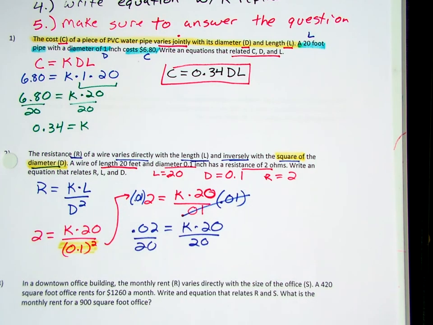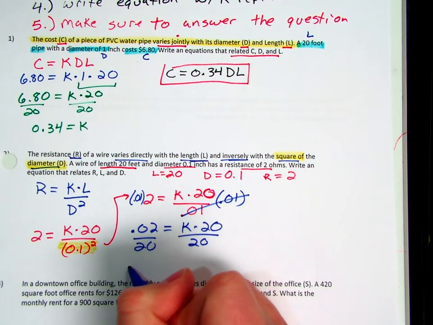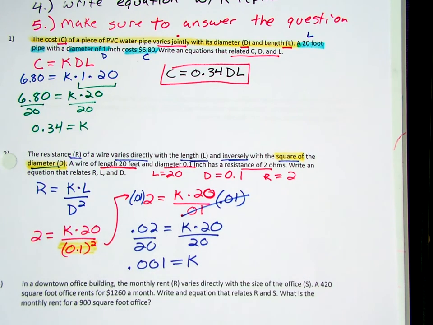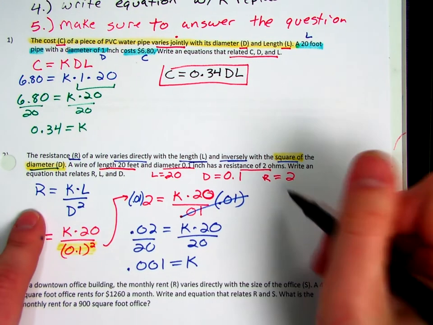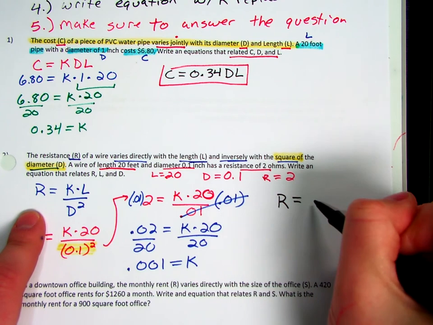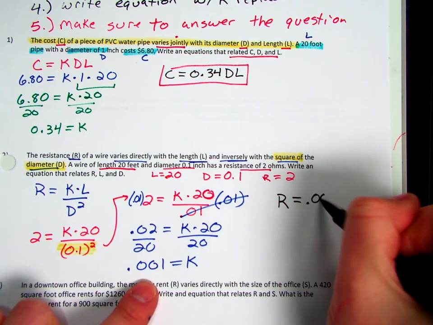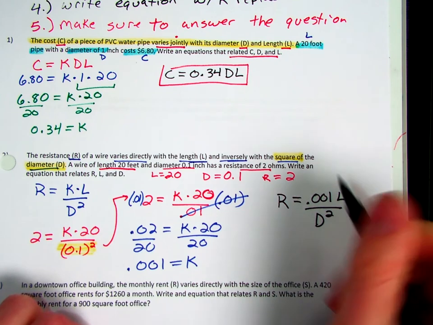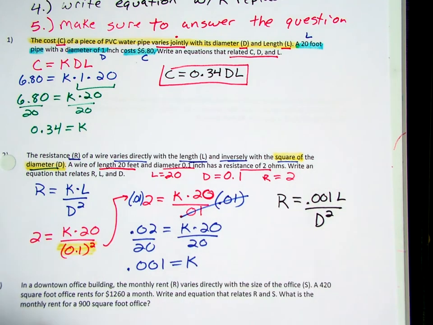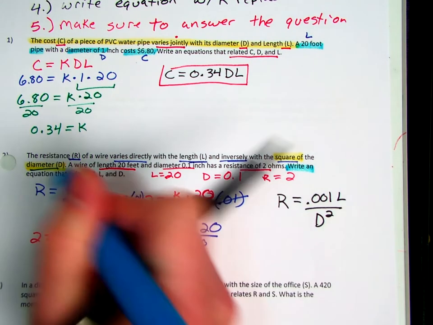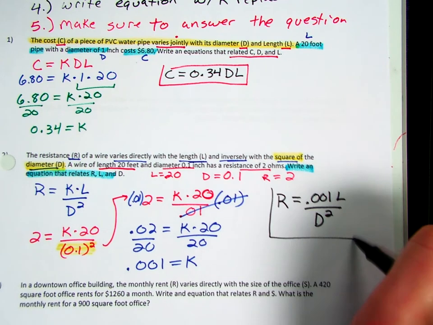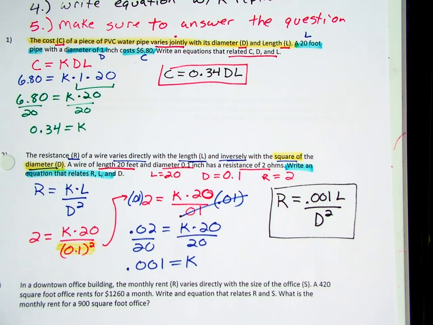And 0.02 divided by 20 would be 0.001 equals our K. So now I can go ahead and write our equation. R equals, instead of K, I put 0.001 times L divided by the diameter squared. And when I read the end of the question, it says write an equation that relates R, L, and D. So that's our equation. We're done with that problem.